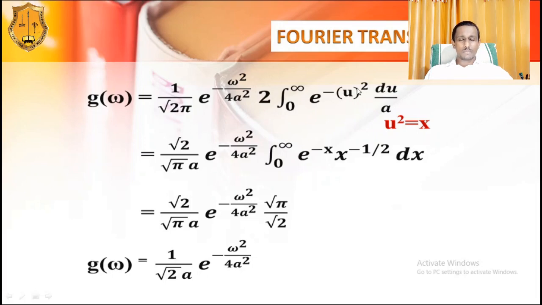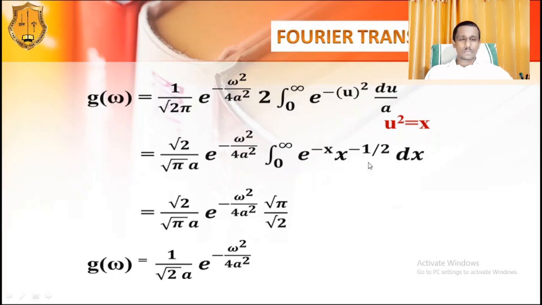Now we have to do one more substitution. u squared is equal to x, therefore 2u du is equal to dx. So substituting that in this equation, our final equation is root 2 into root 2 divided by root π a into e raised to minus ω squared by 4a squared into integral 0 to infinity e raised to minus x into x raised to minus half dx.